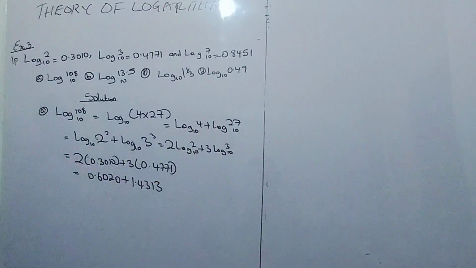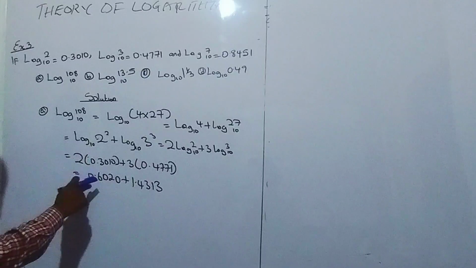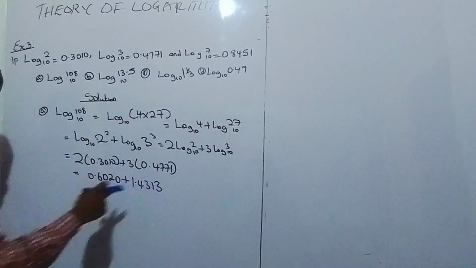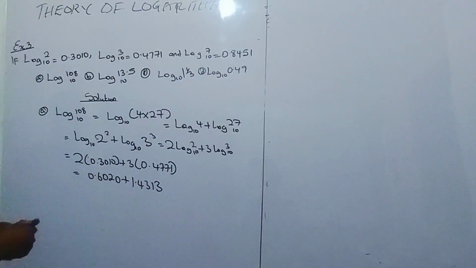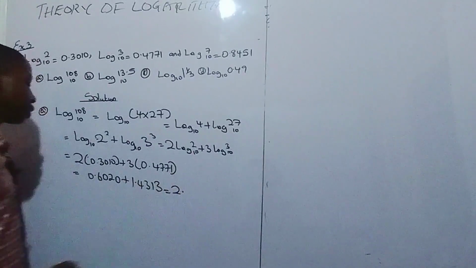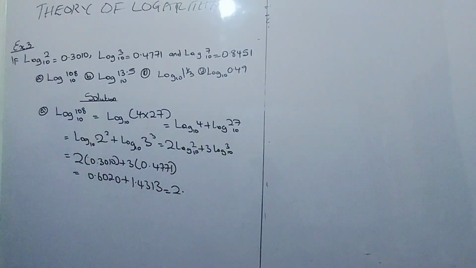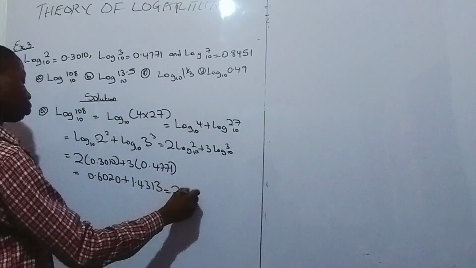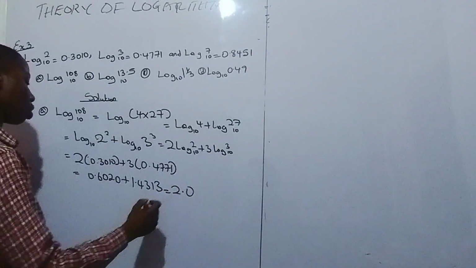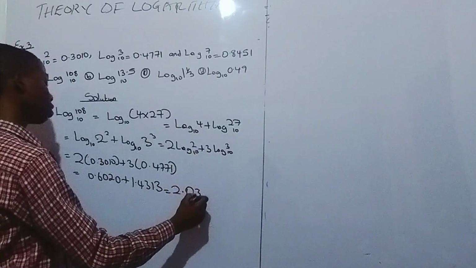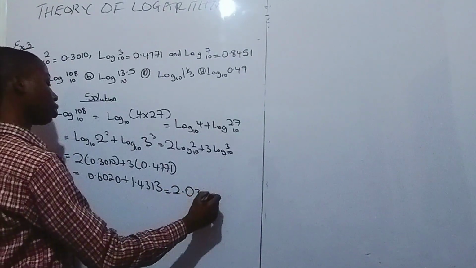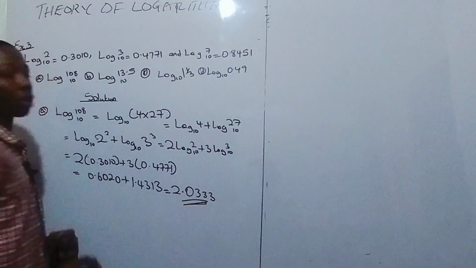All right, that's 1.4313. Then we add this to this. Make sure the values are correct. That gives 2.0333. So that's the answer.